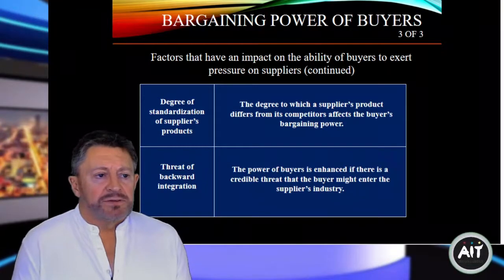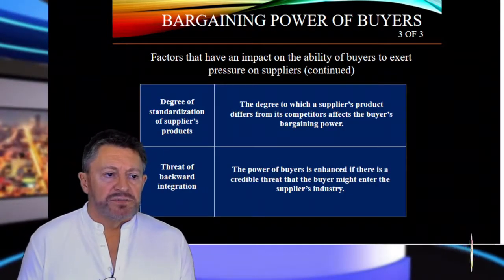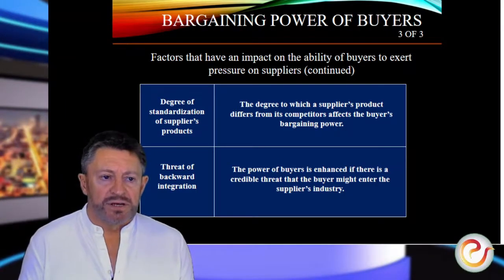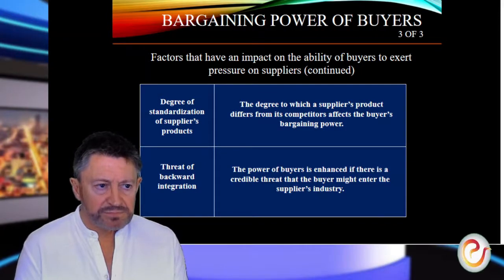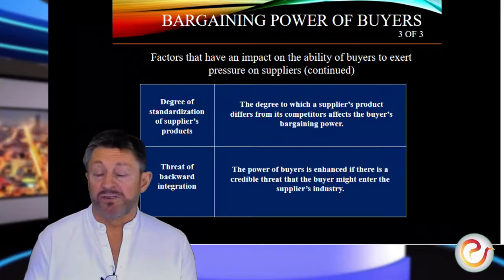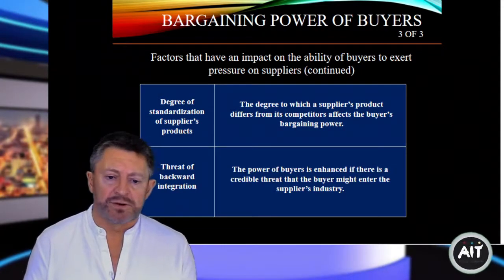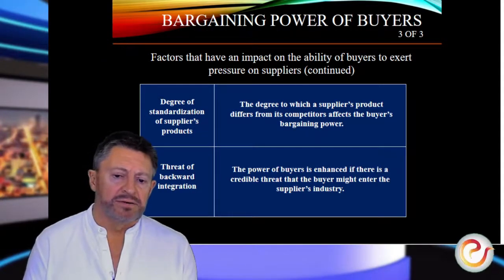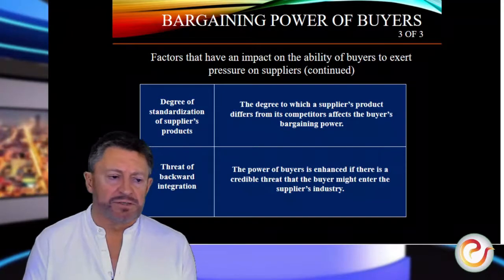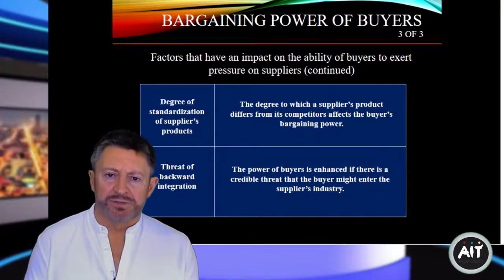So again, the bargaining powers of it, the degree of standardization of suppliers' products, so the degree to which a supplier's products differ from competitors affects the buyer's bargaining power. So if there are customized versions of products that each buyer wants from the various suppliers, then that weakens their position.